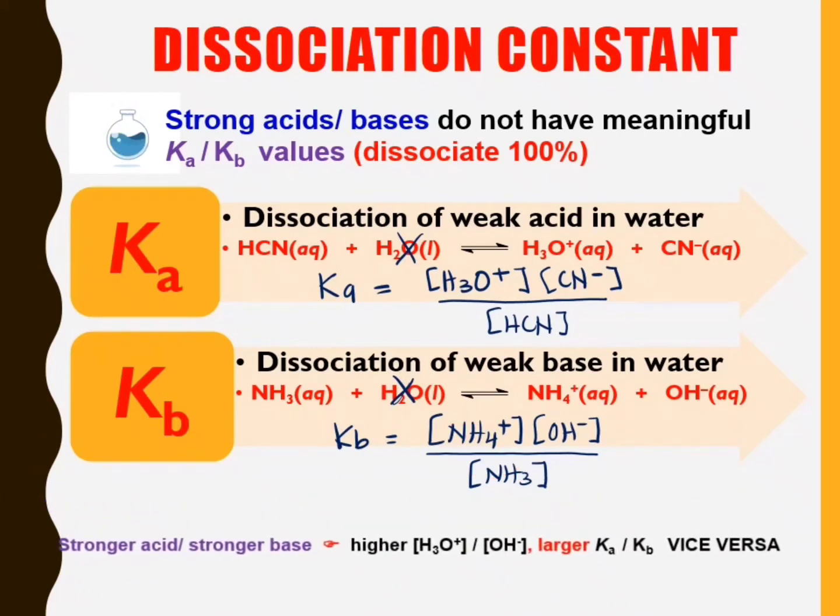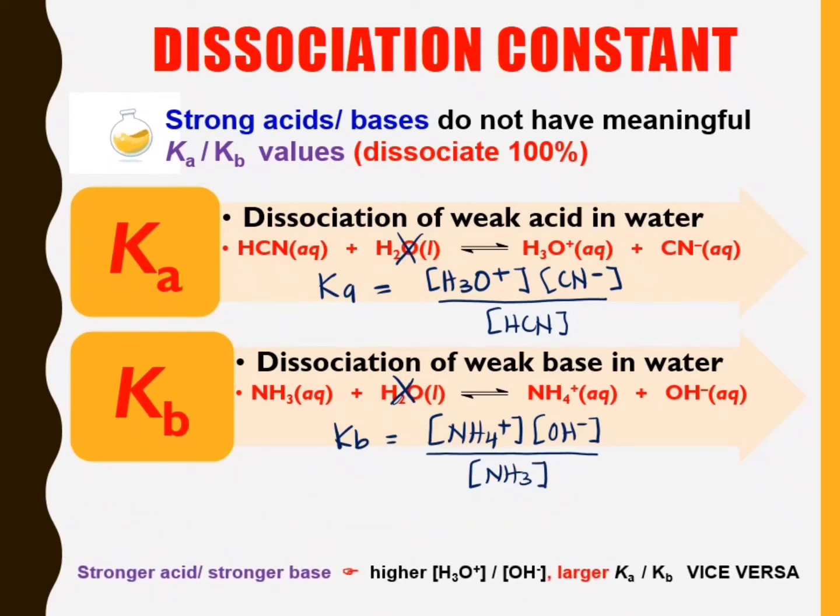Okay, so the relationship here, kita boleh summarize sikit. If there is stronger acid, the concentration of H3O plus should be higher. So the value of Ka larger. Or if the stronger base, ini based on weak acid and weak base saja ya.